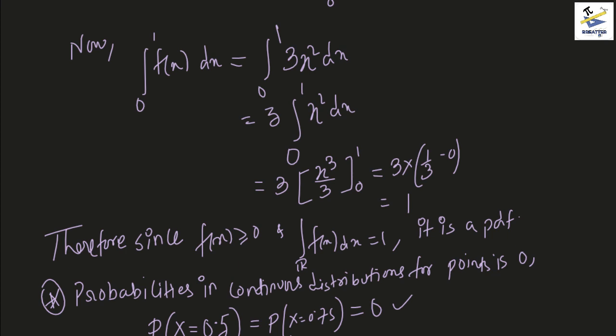The antiderivative of x squared is simply x cubed by 3, and this would give you 3 into (1 by 3 minus 0) by evaluating the antiderivative at the limits, which is basically 1. Therefore f of x is actually a PDF.